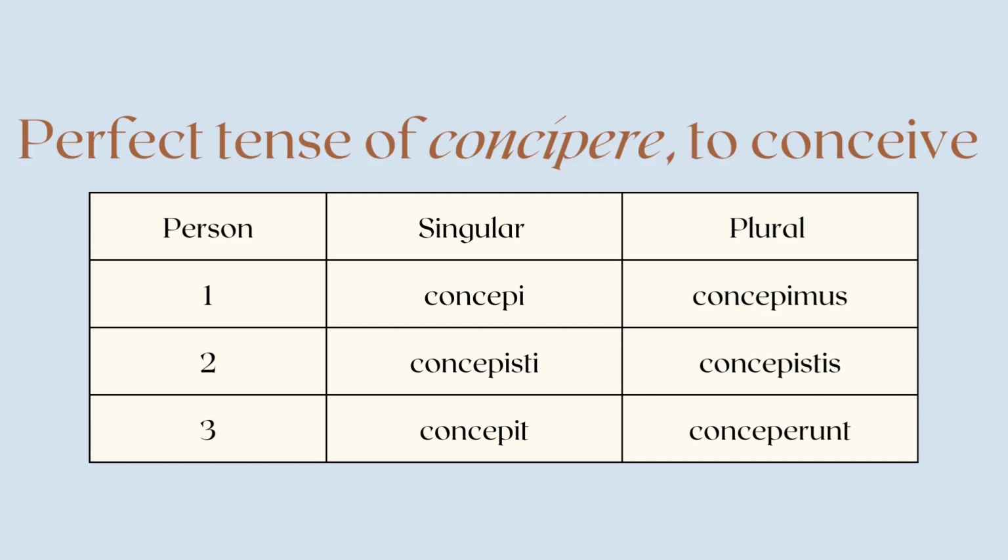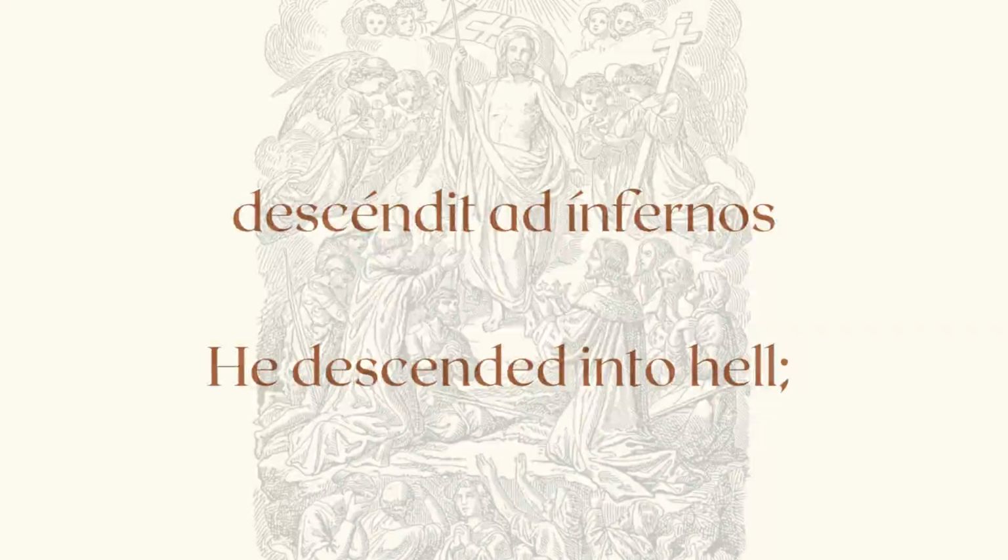A Latin perfect tense verb can be translated in several ways. For example, concepi can be translated as I have conceived, or I conceived, or I did conceive. Some examples now. In our prayers, we can find these perfect indicative active verbs. Descendit ad infernos. He descended into hell.